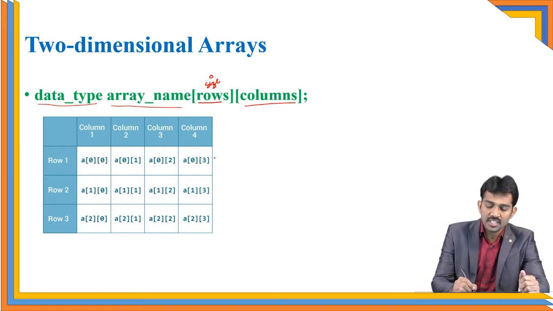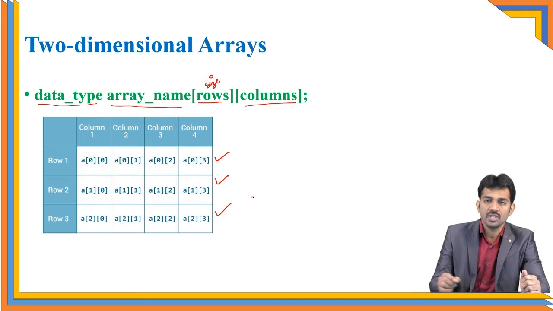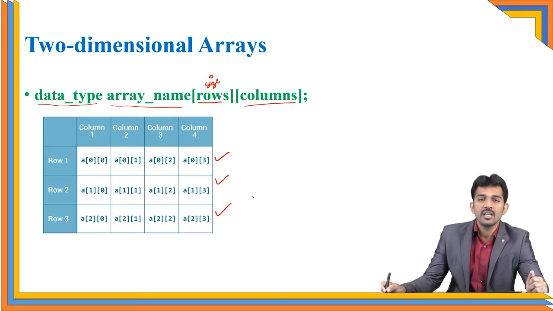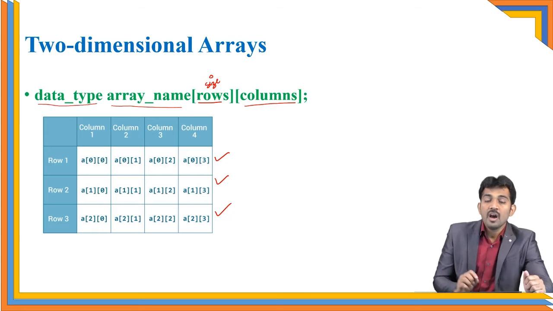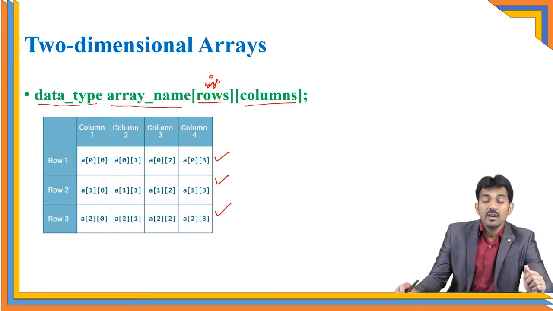Each one is a row. Observe carefully, and this is the column. How are we going to represent the elements?